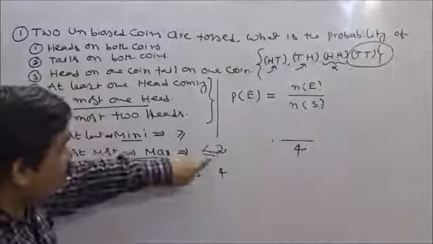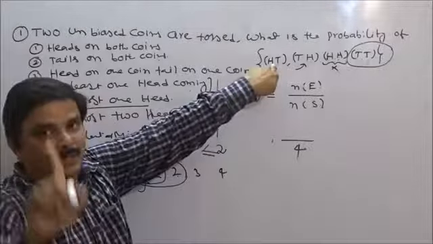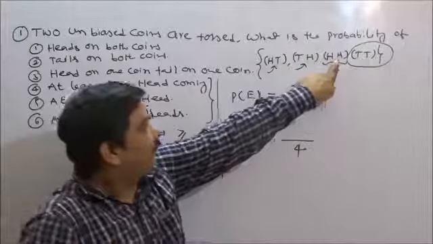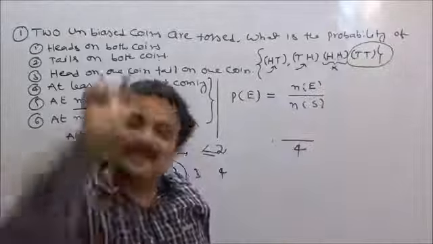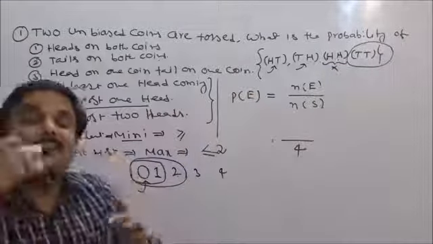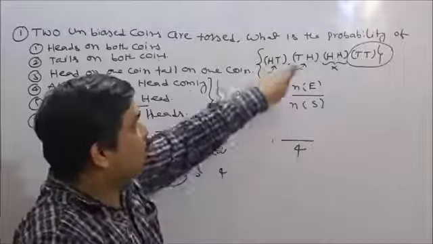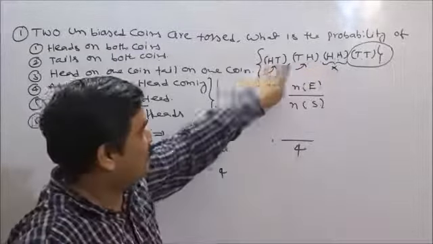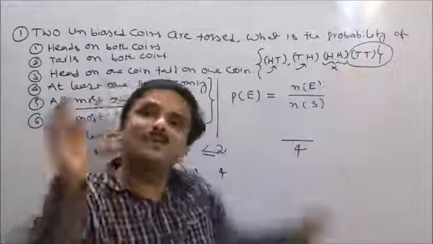Next, 1 head is less than 2 heads, so this is counted. Equal to 2 counted. 0 heads counted. 0 is also less than 2. Right? At most 2 heads means 2 or less than 2. 1 should be taken, 2 should be counted, 0 heads should be taken.